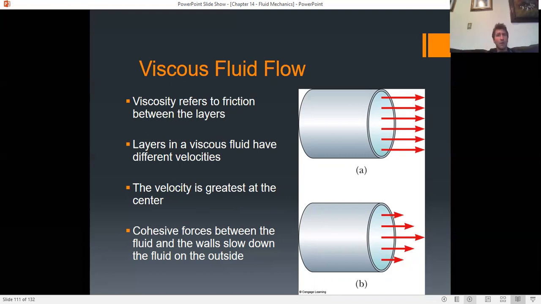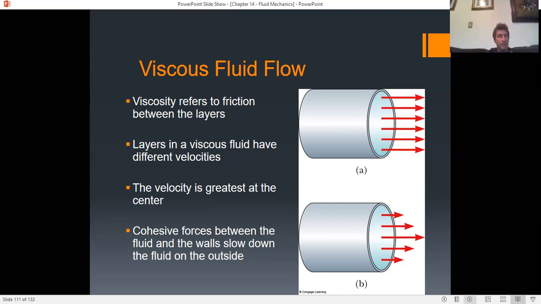Once again, there's only one fluid that lacks any type of viscosity, and that's a superfluid. That's liquid helium. When a superfluid flows through anything, there's no resistance to flow. So if we put liquid helium through a pipe, all the fluid would be flowing at the same velocity, regardless of where it was in the tube.